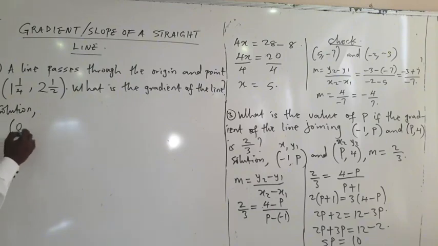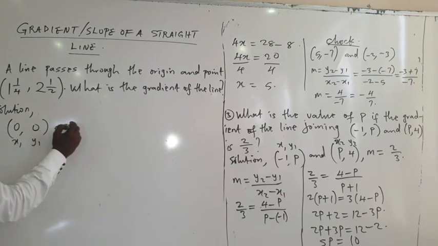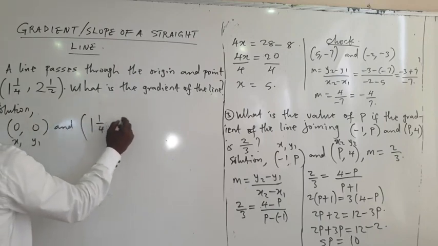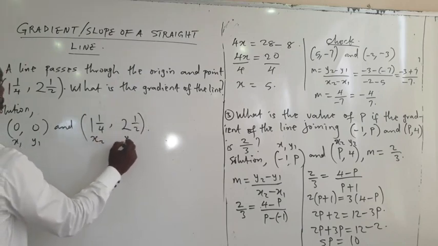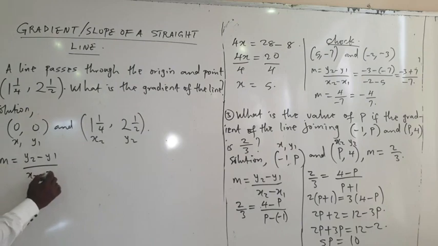So we have (0, 0), which is our x1, y1, and the second point is (1 and 1 over 4, 2 and 1 over 2), which is x2, y2. Then the gradient formula, m equals y2 minus y1 all over x2 minus x1.